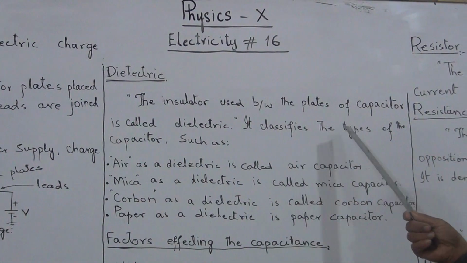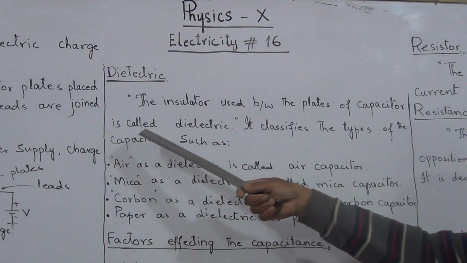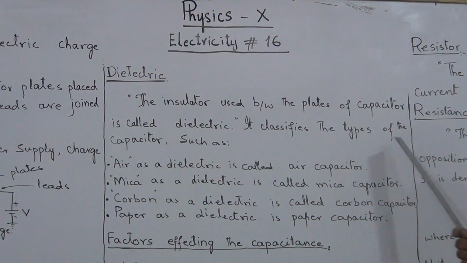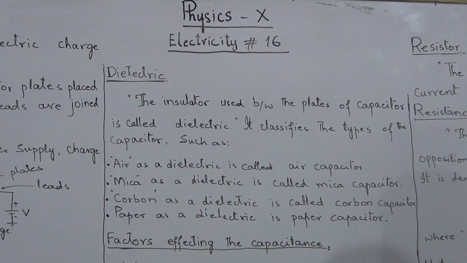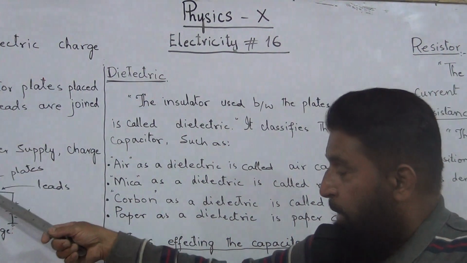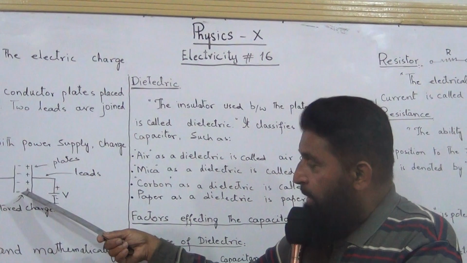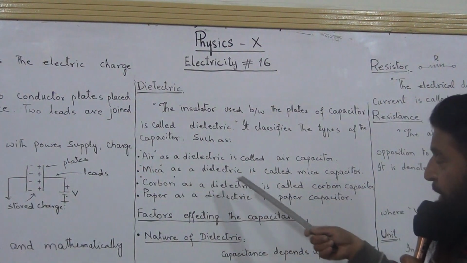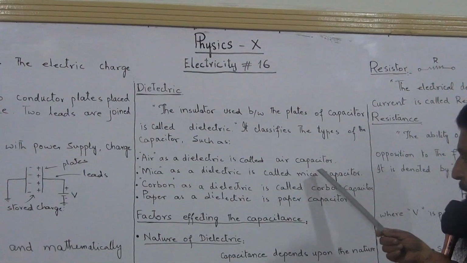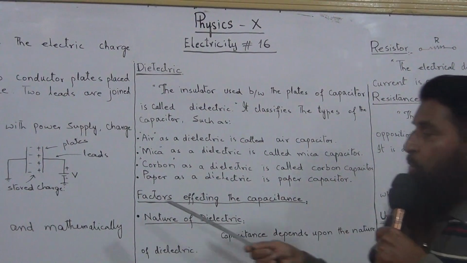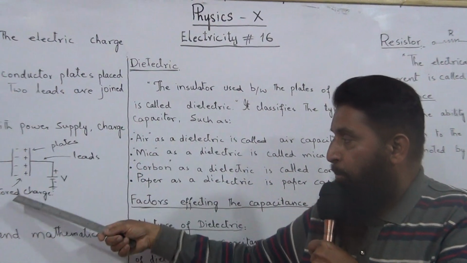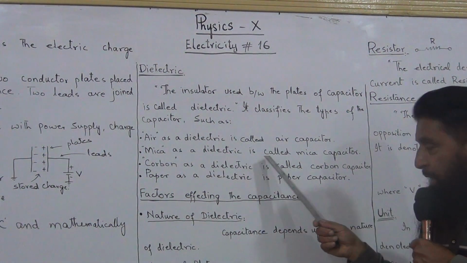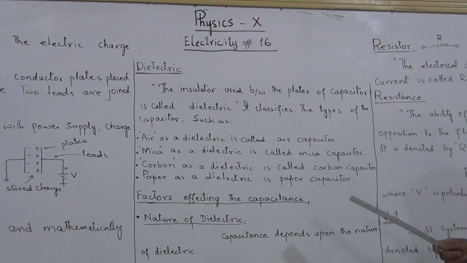The insulator used between the plates of the capacitor is called a dielectric. It classifies the types of capacitor. For example, if in between the plates there is nothing except air, then air is the dielectric and that capacitor is called an air capacitor. We also use mica between the two conducting plates. When mica is the dielectric, that capacitor is called a mica capacitor.